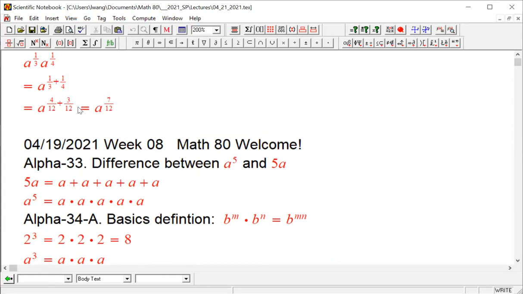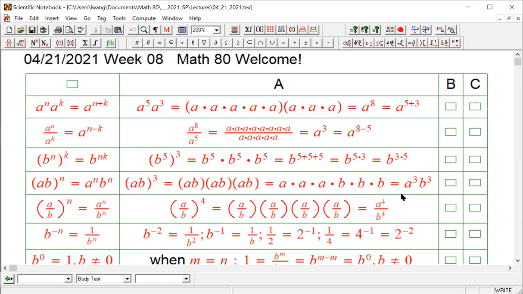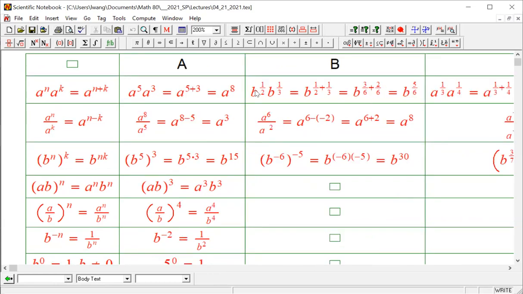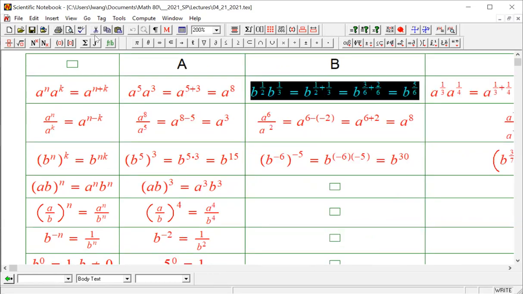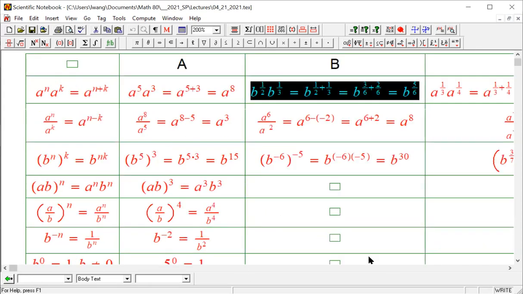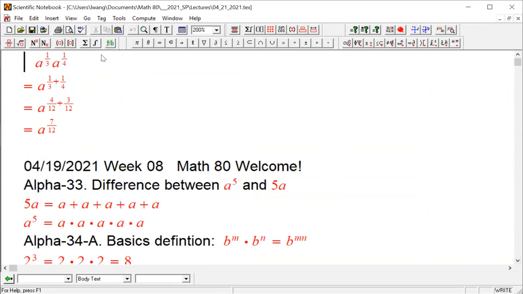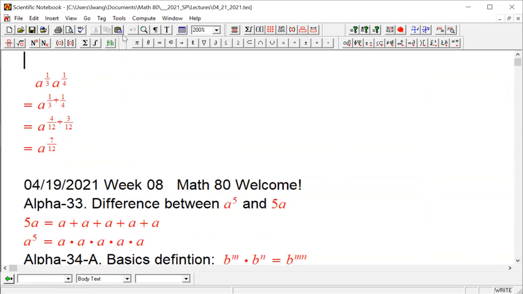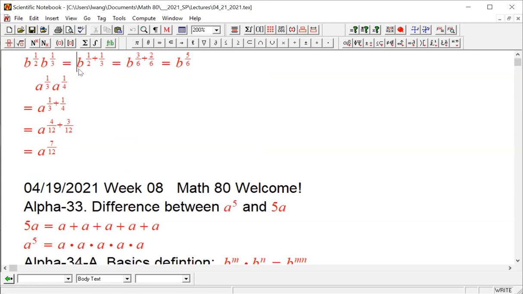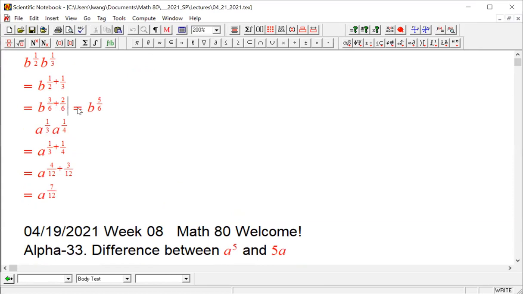And for this example, I'm going to put it here. It's a little bit crowded, right? So it's going to be like this.